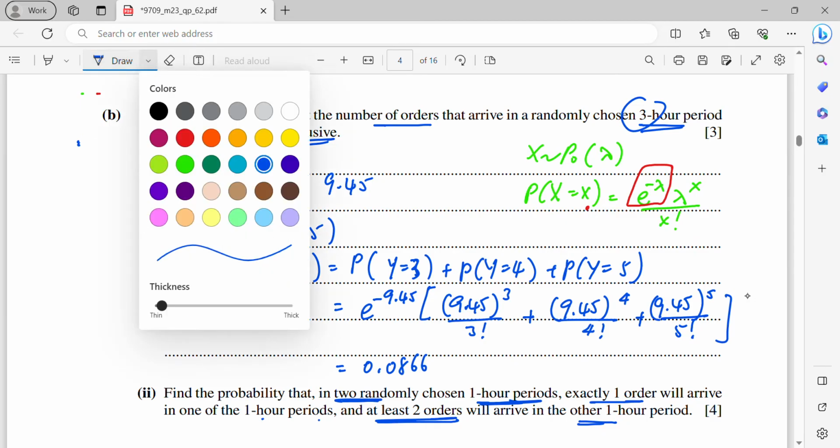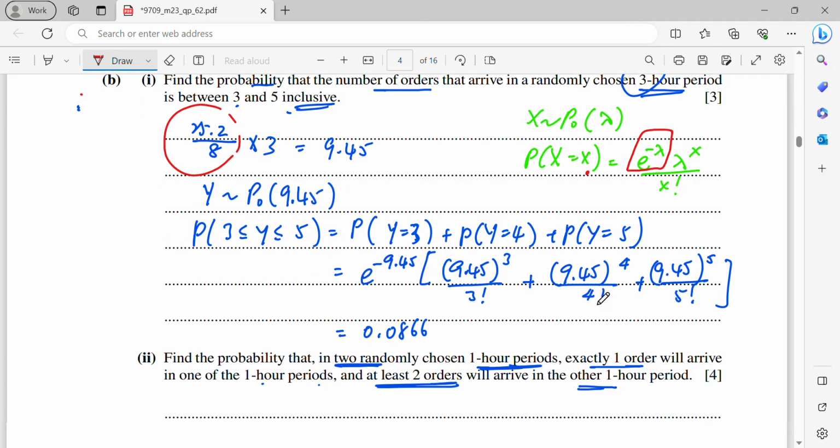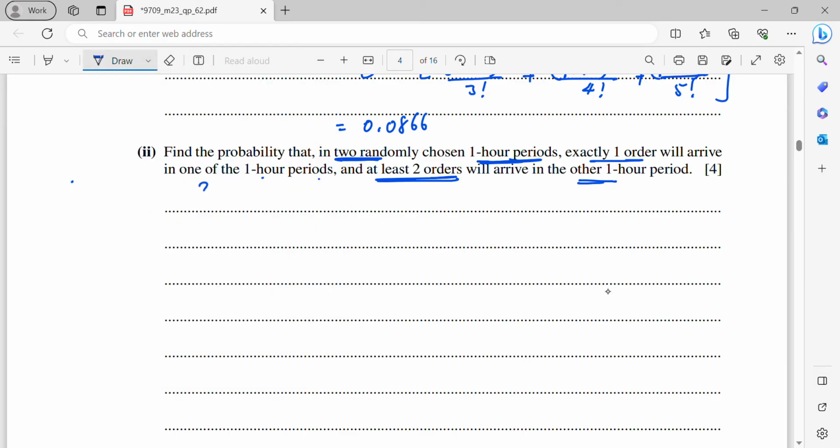For 1 hour, basically it is just 25.2 divided by 8. So now I need to count the value for that. 25.2 divided by 8, basically you are getting 3.15. So it means that per hour I will expect 3.15 orders to arrive.